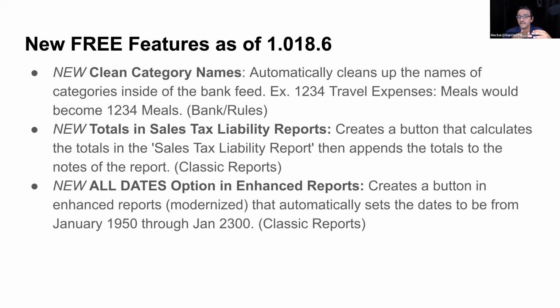But sometimes the chart of accounts has 3 layers, 4 layers, 5 layers. You can go 5 layers deep with sub-accounts. So Mark is working on taking just the very last account, whether you have 5 layers or 3 layers of sub-accounts, and that is the only account that's going to show in bank feeds.